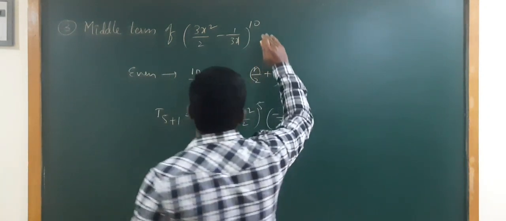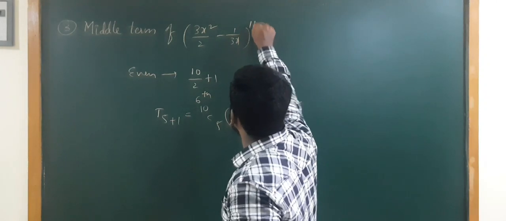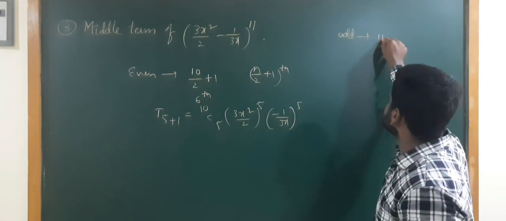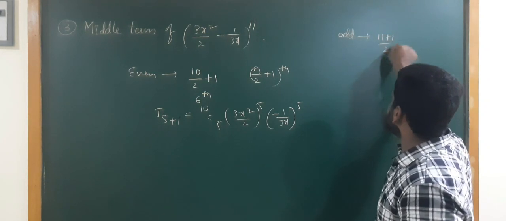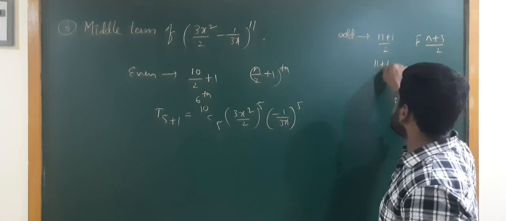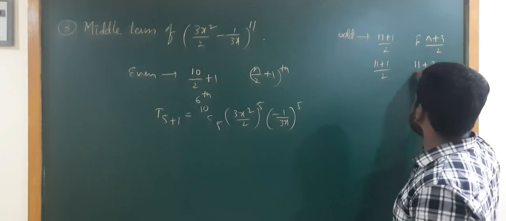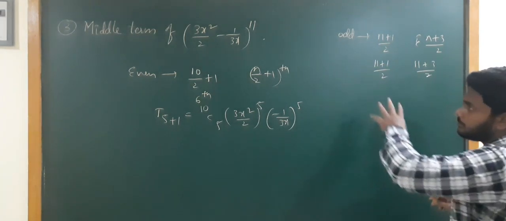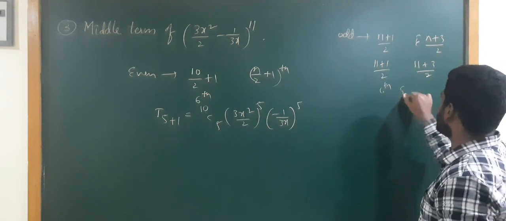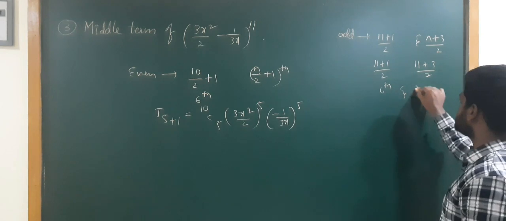For example, instead of 10, if we have 11, 11 is an odd number. For an odd number the formula is n plus 1 by 2 and n plus 3 by 2, that is 11 plus 1 by 2 and 11 plus 3 by 2. You need to do these in mental calculations. 11 plus 1 is 12, by 2 is the 6th term, and 11 plus 3 is 14, by 2 is the 7th term.